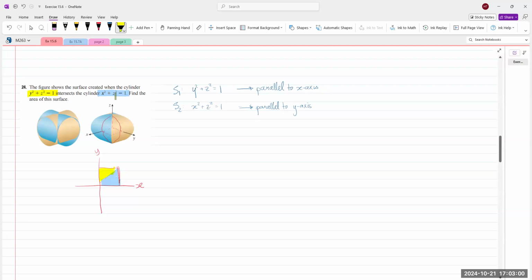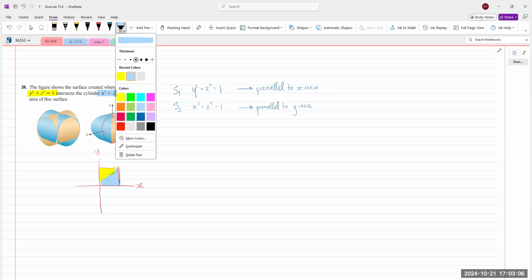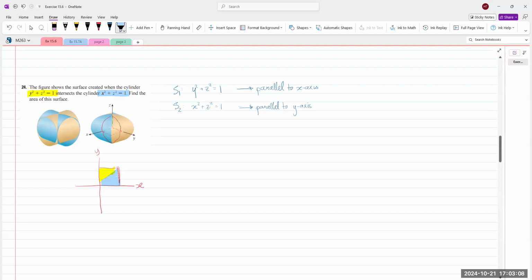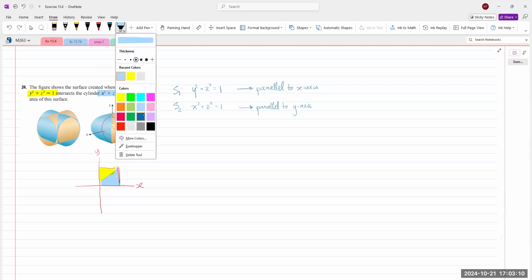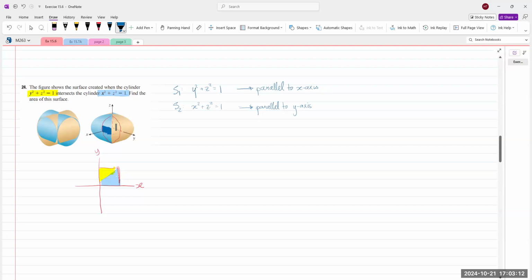Even if you see that from above, you have this part here. You can't really see, huh? Let me use a slightly darker color. So this part here is this, if we see that from above.